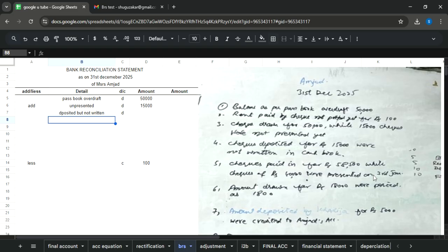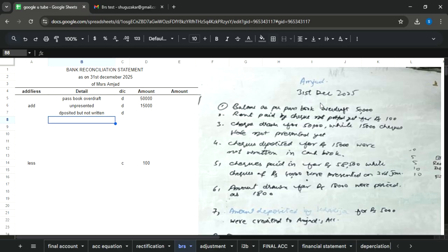Now focus upon this date. Our ending date is 31st December. Here it has been written presented. We were supposed to search for not cashed, uncashed. Here you can see 3rd January and 31st December.